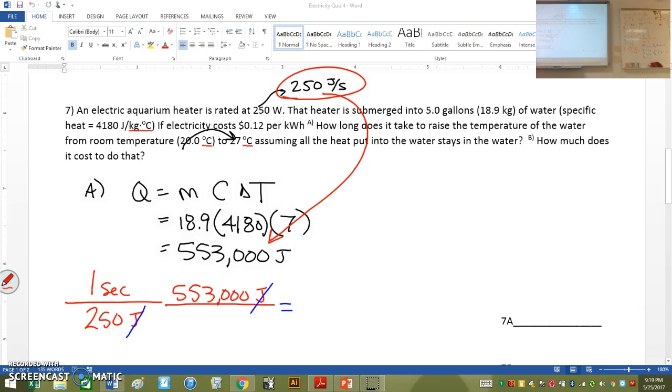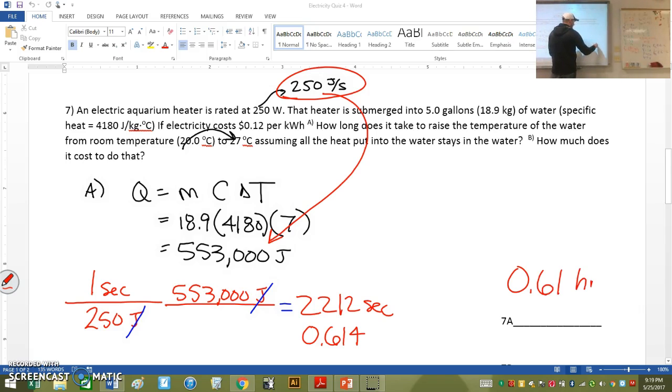And that equals 2,212 seconds. Converting that into hours is 0.614. Because there's 3,600 seconds in an hour, so it's a little bit 0.61 hours. That's part A.